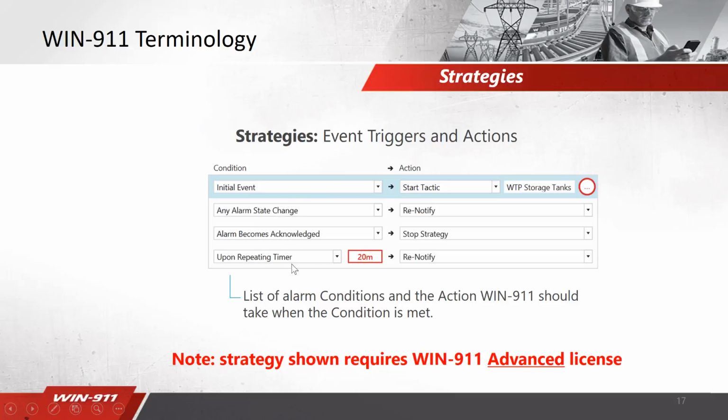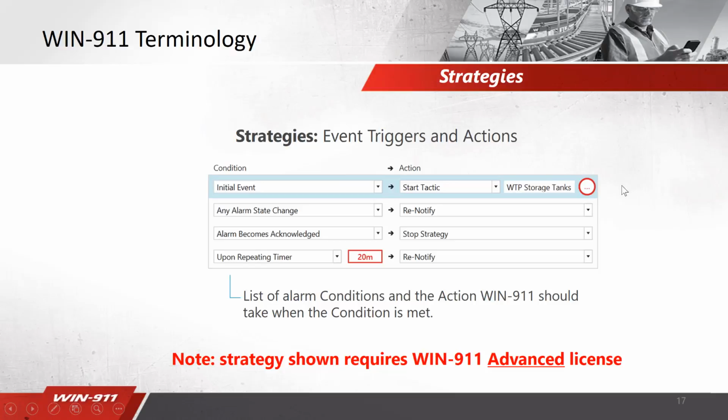One thing to keep in mind here is that these events are not exactly sequential. Once the strategy has been started, we're going to look at any of these things. For example, if we start the initial event, it starts this tactic, and this tactic has, for example, contacting an engineer, and then after 30 minutes, you're going to notify a manager.